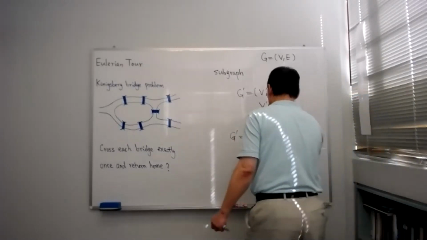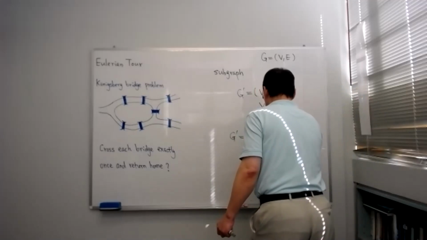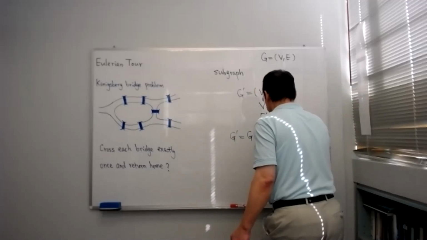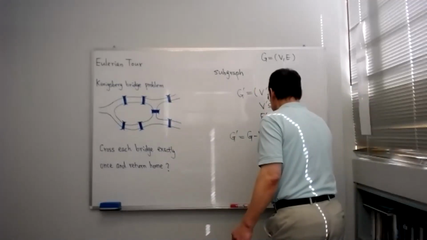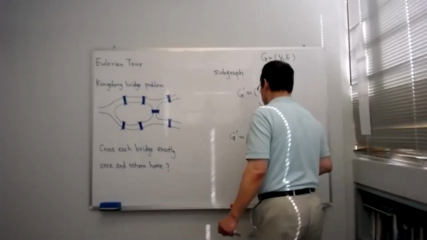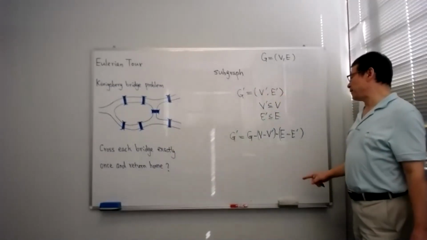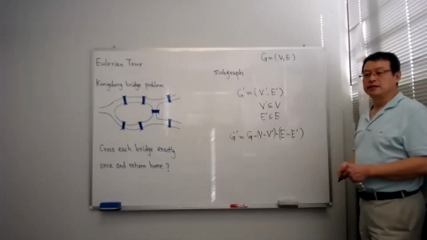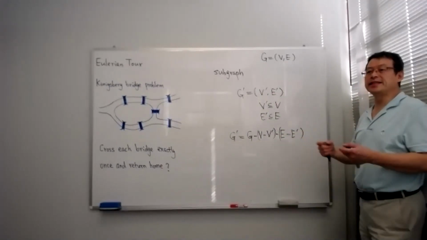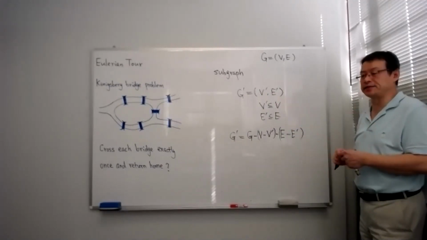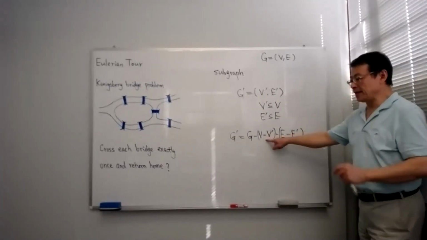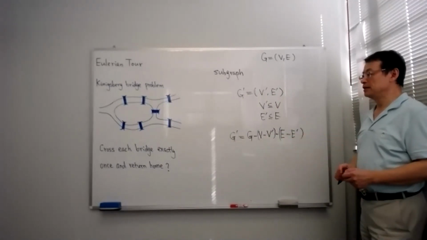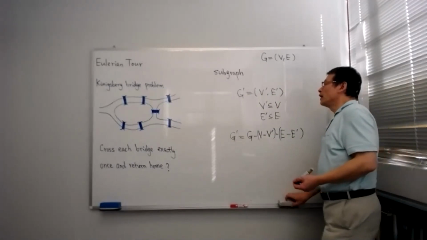So our subgraph is obtained by deleting some edges and some vertices. That's how we obtain a subgraph. Just as with a subset, we delete some elements. Here we delete some elements from the vertex set and some edges from the edge set, and we get a subgraph. So that's called a subgraph.